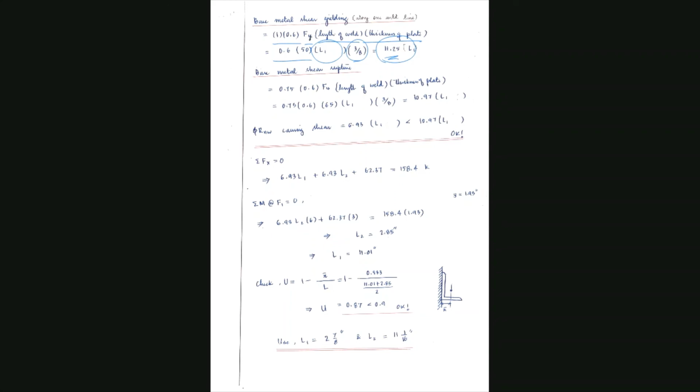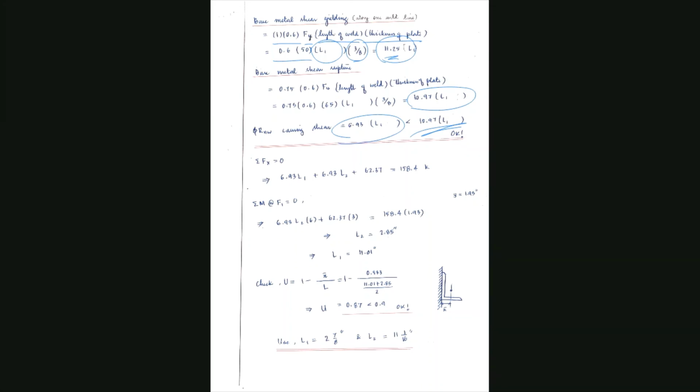When you substitute all of them, you get the value of 10.97. In both cases, phi R n, the force on one of the welds F1, is less than both of them. So which means the strength of the weld is smaller than the shear capacity of the base metal. So which means it's okay.